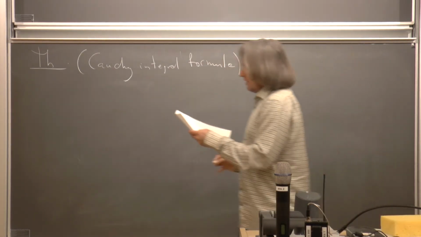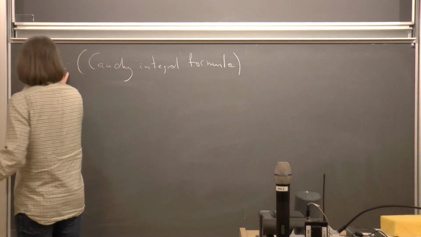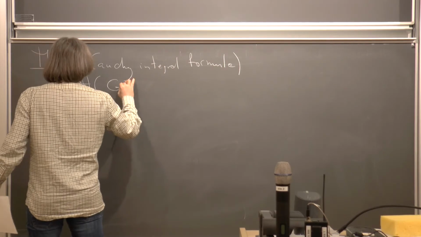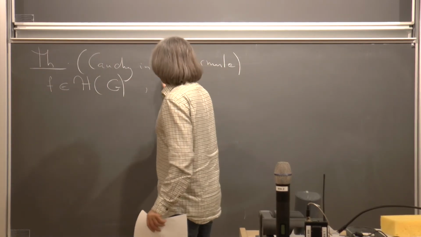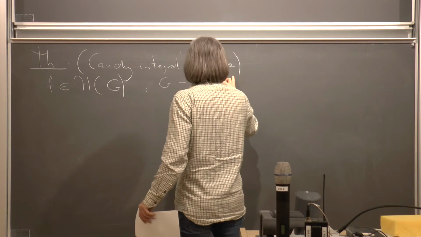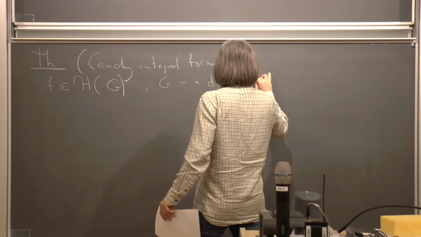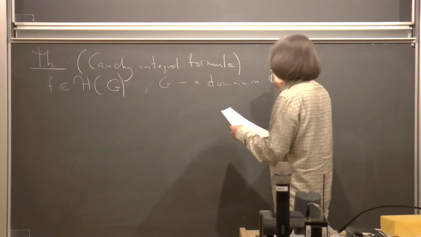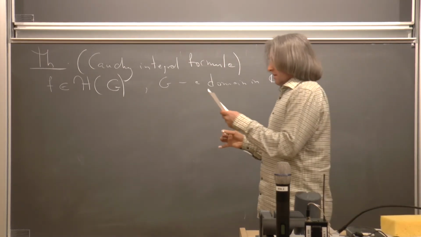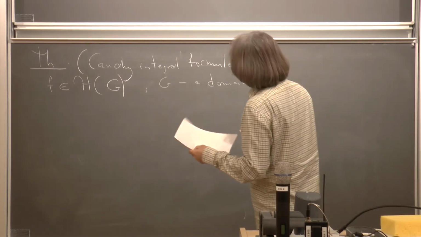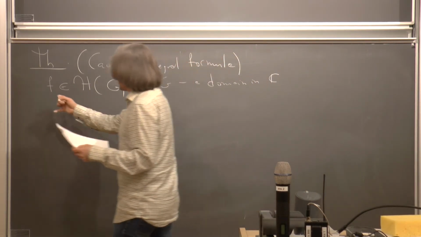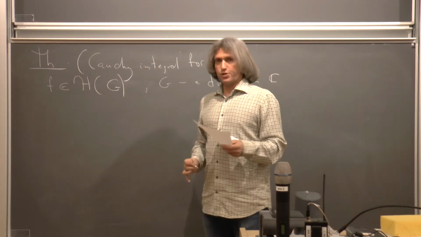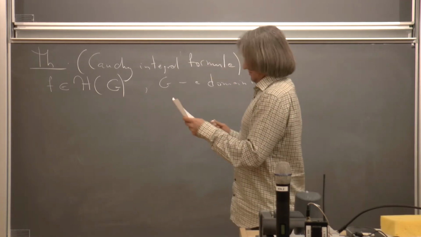So we have a holomorphic function f in some domain G. Then it turns out that the value of this function at each point in G is completely defined by a certain integral, which is called the Cauchy integral.